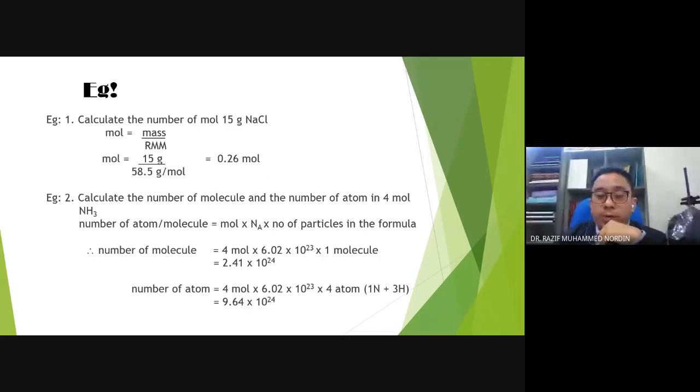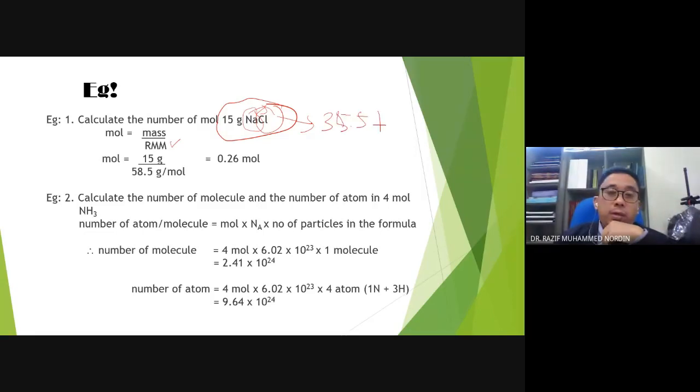Just example, sodium chloride, garam, salt. Okay. Information yang diberi kepada kamu for this case, simple one, 15 gram of sodium chloride, and then you need to calculate dia punya moles. From periodic table, you boleh dapat nilai untuk chlorine 35.5.